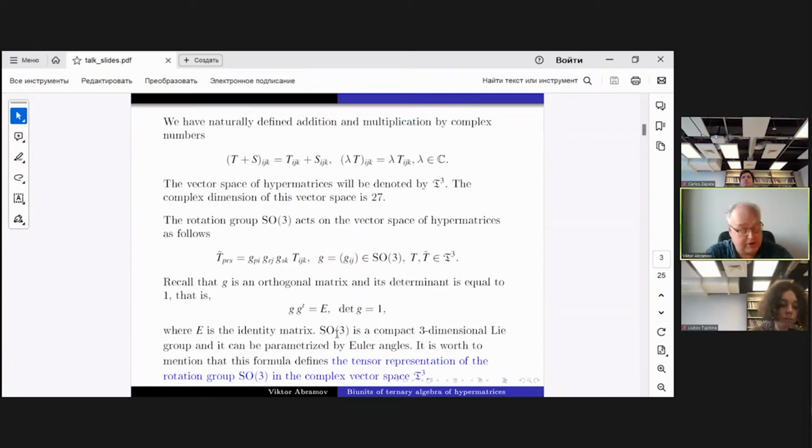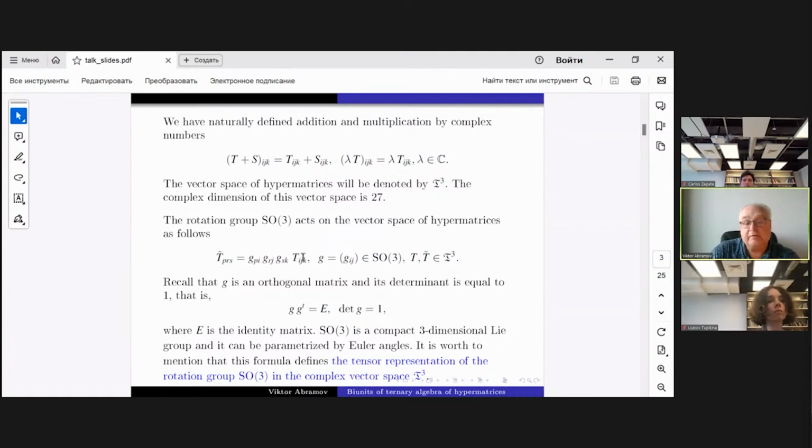Of course, here we have addition and multiplication by complex numbers, so we have the structure of a vector space, and this vector space is 27-dimensional. Now the action of the rotation group on this vector space of hypermatrices is defined by this formula.